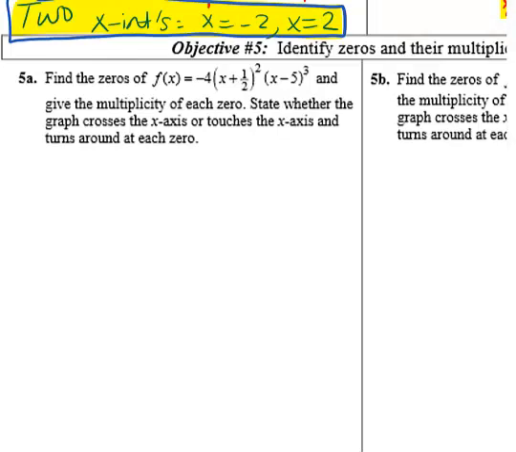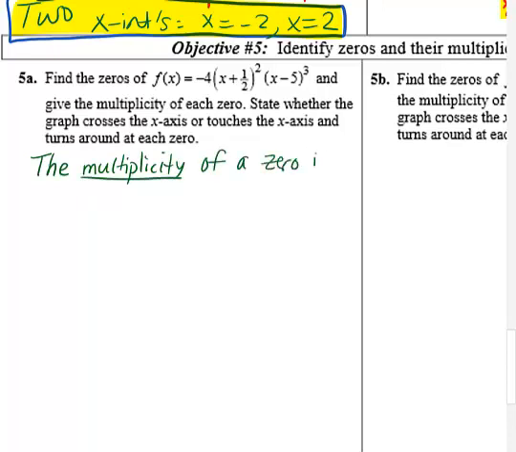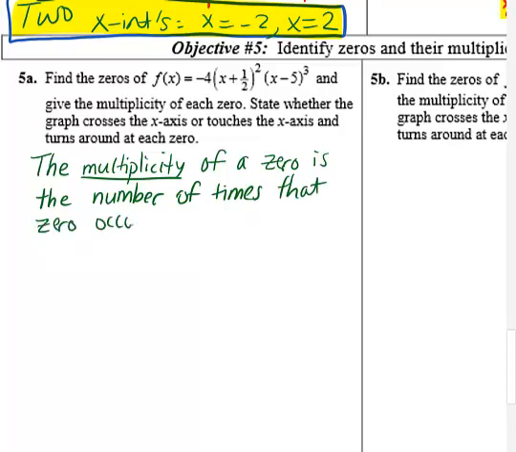So I'm going to write that out. The multiplicity of a zero is the number of times that zero occurs in the factorization.